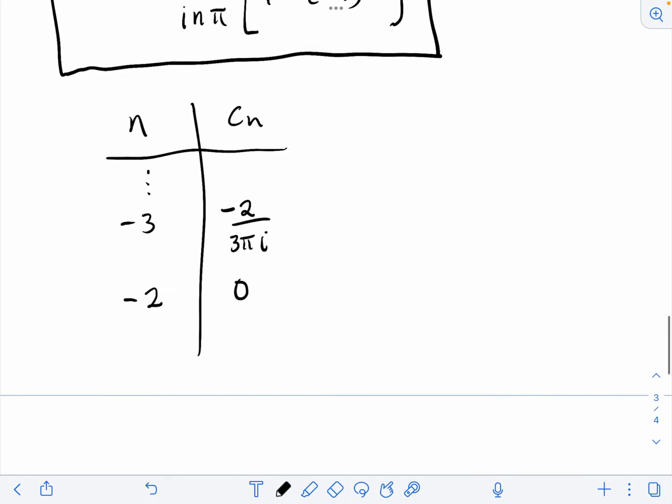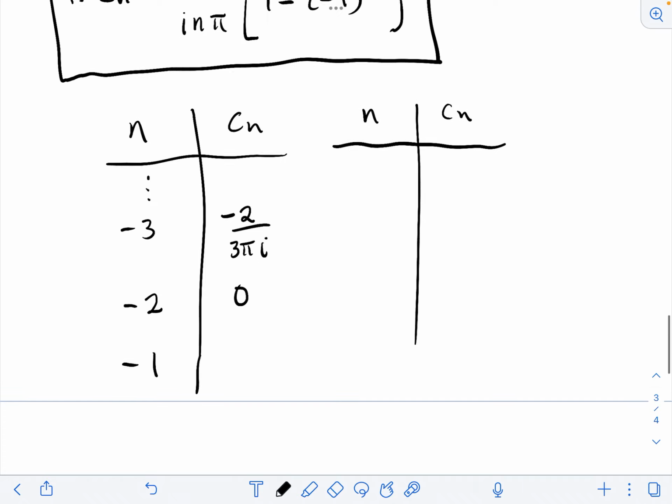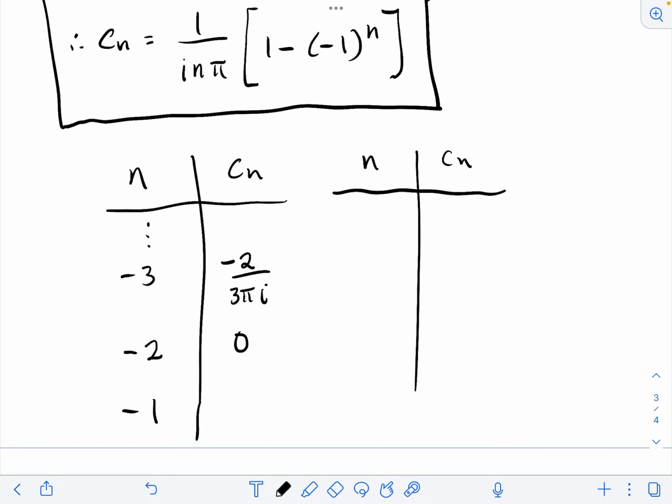Let's continue our table over here. n and Cn. Then we go to minus 1. For minus 1, we would get a 2 inside the brackets, a plus 2. So we would have 2, and then minus pi times i, so we'll put a minus sign here. Then we would put in a 0. Minus 1 to the 0 is plus 1, and so we'd get 1 minus 1 is 0 in the brackets, so we'd get a 0.